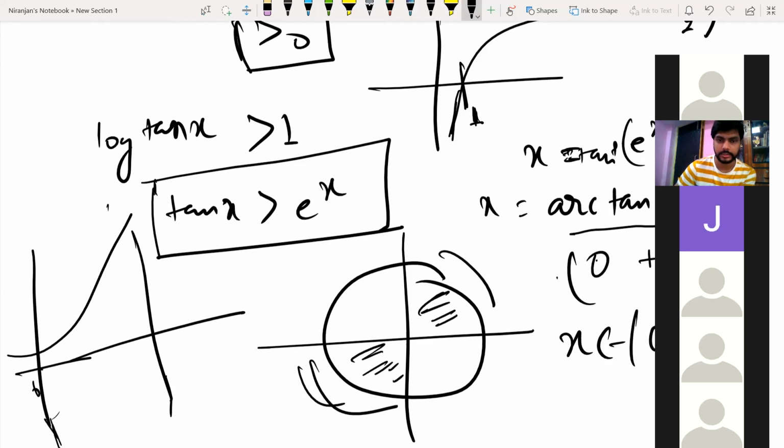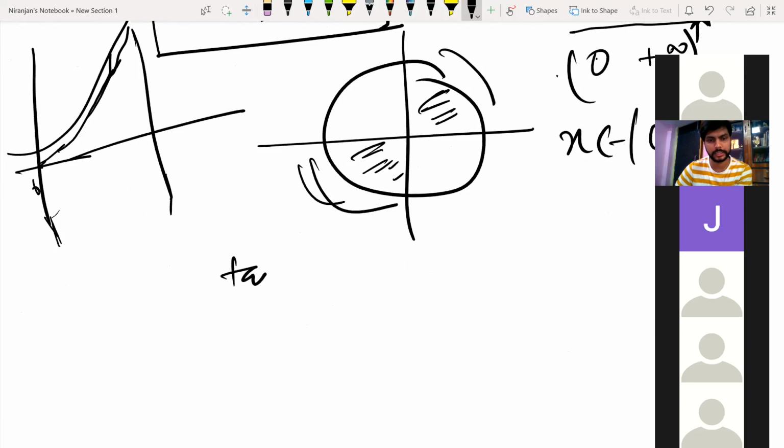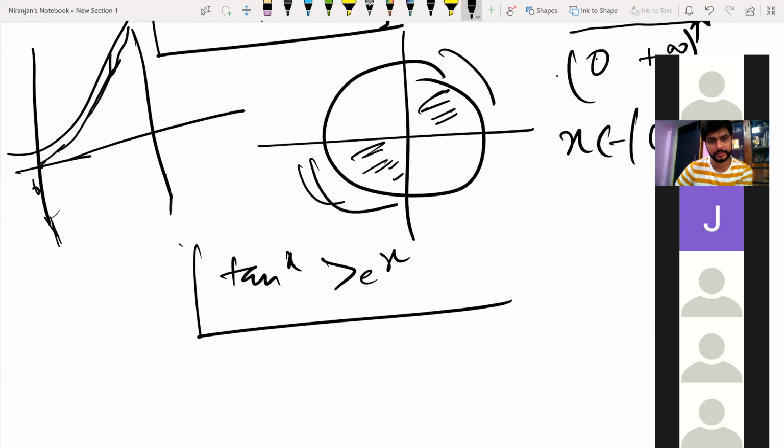If this is 0 and 0, this is going to be 0, and then it will start... x, e to the power x. Yeah. So, guys, the inequality is tan x greater than e to the power x, right?